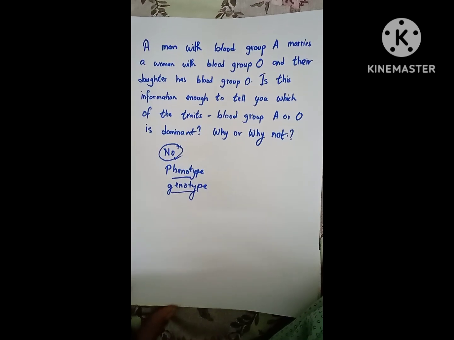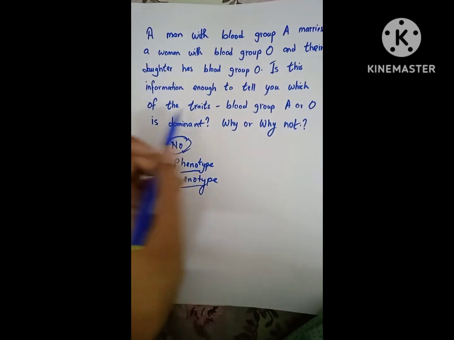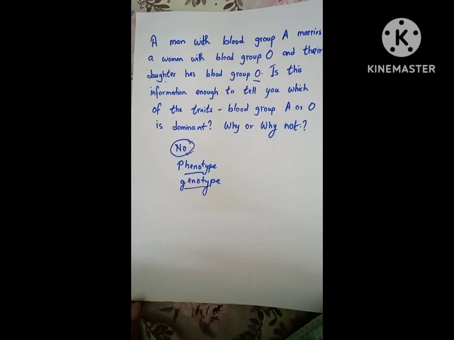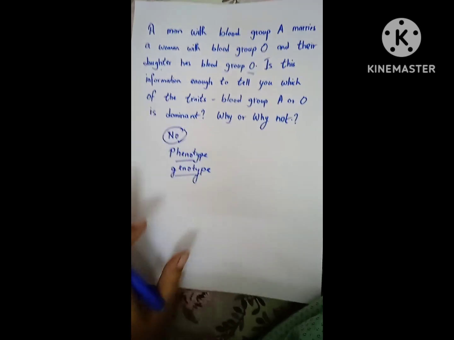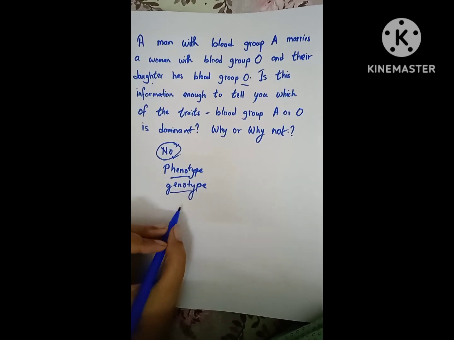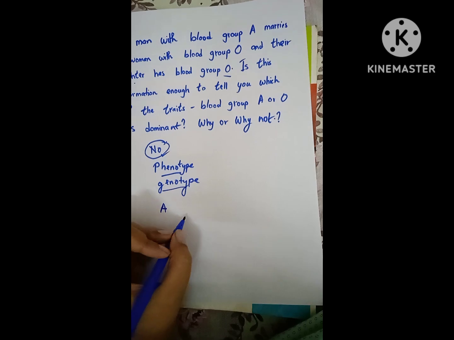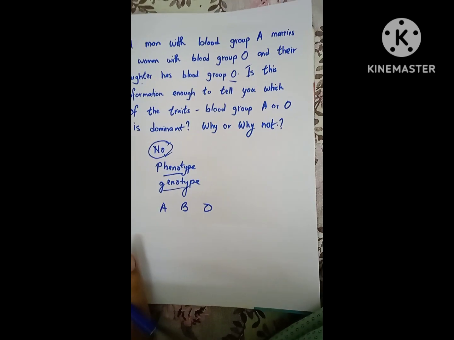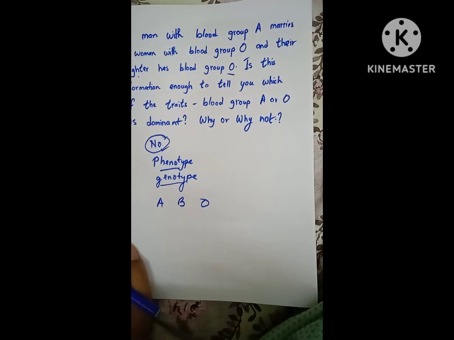Now, the next part I can talk about: how did the daughter get the blood group O? I already told you in one of the videos that there are three blood groups, once again, A, B and O. Generally we have one allele which is dominant and one allele which is recessive.